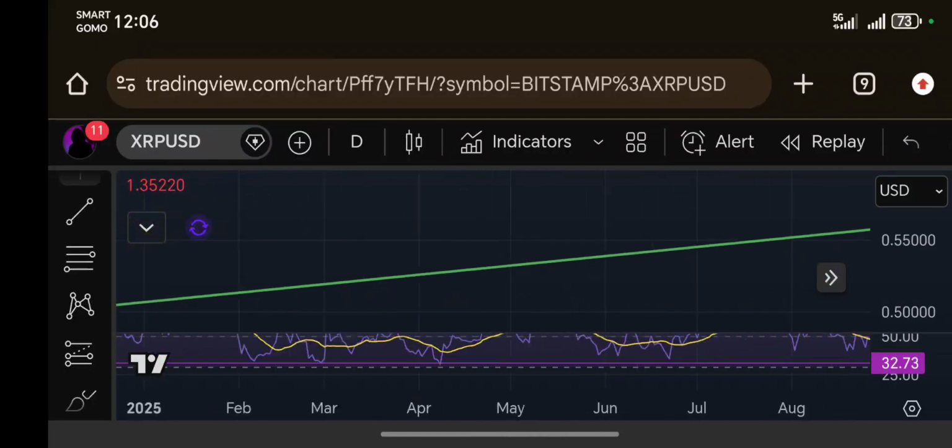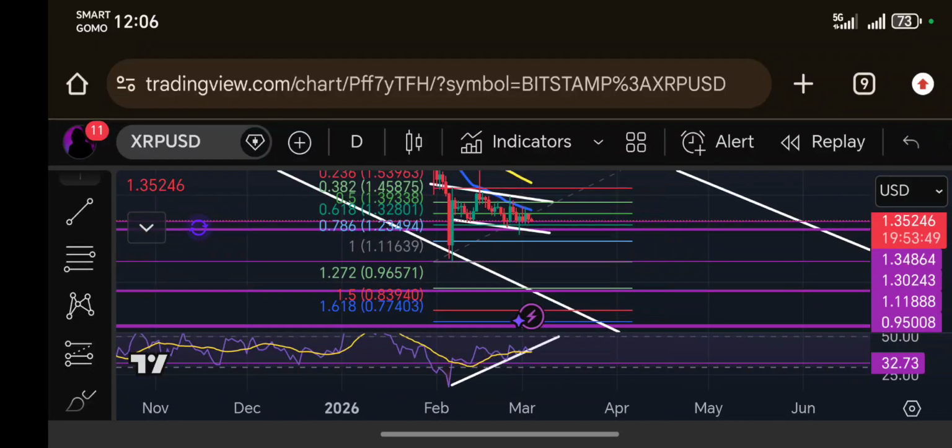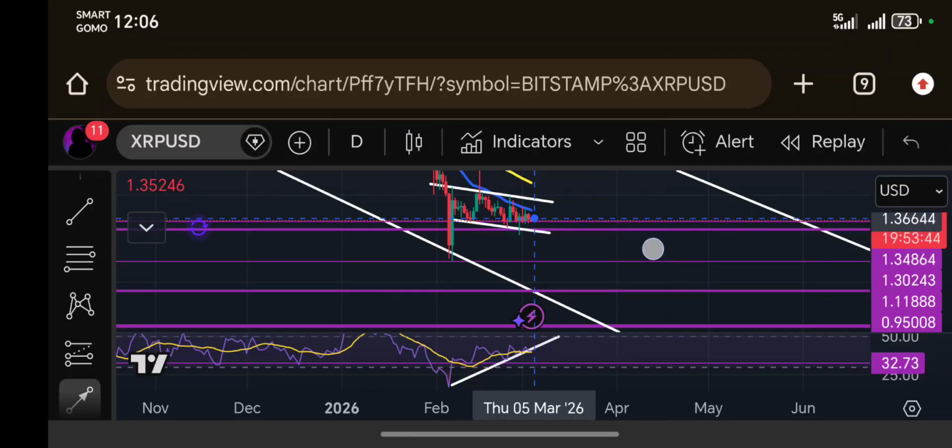I'm going to show you something else. I'm going to put an arrow here that we are going to go lower at some point.